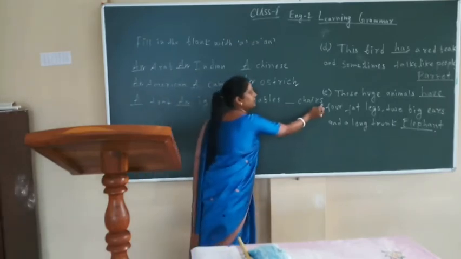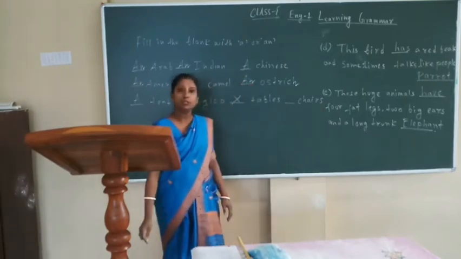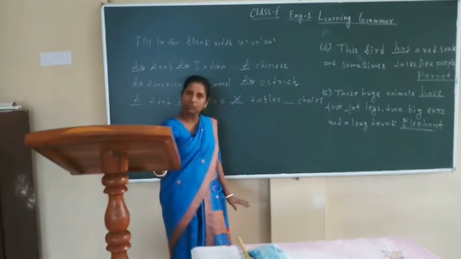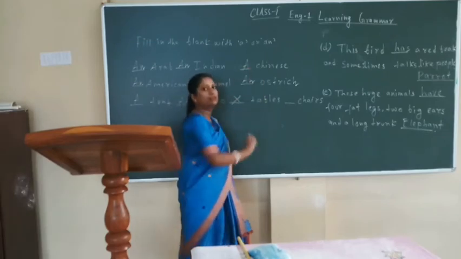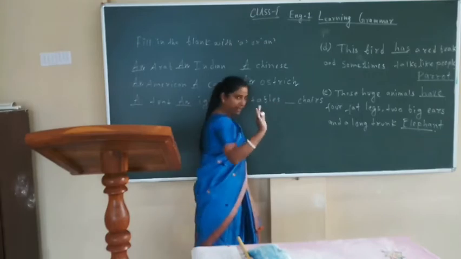Same here, chairs, because chairs is a plural word, that is why here also a or an is not used. Okay, because a or an is used before singular nouns, that is why here neither a nor an is used.